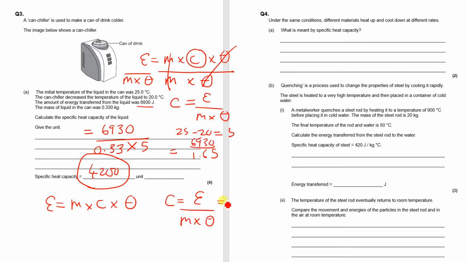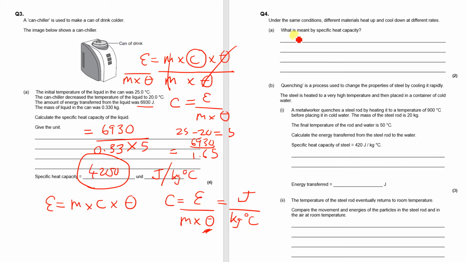So now let's look at the units for this. Energy is measured in joules, mass is measured in kilograms, and temperature change is measured in degrees C. So our units are joules per kilogram degrees C. So we can work out our units from rearranging the equation.